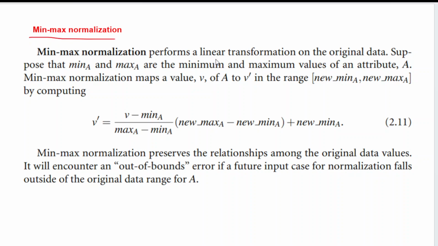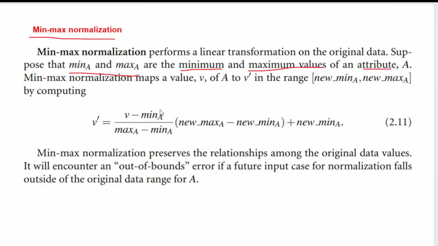Min-max normalization performs a linear transformation on the original data. Suppose that min A and max A are the minimum and the maximum values of an attribute. Now I am having the minimum and maximum values of one attribute.